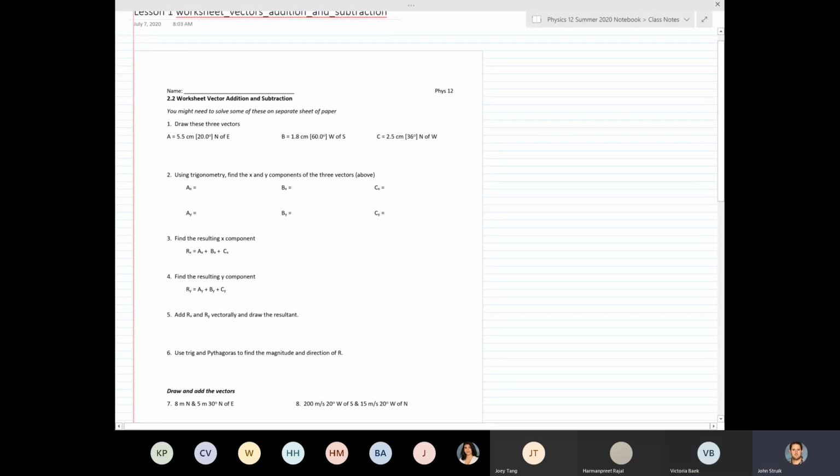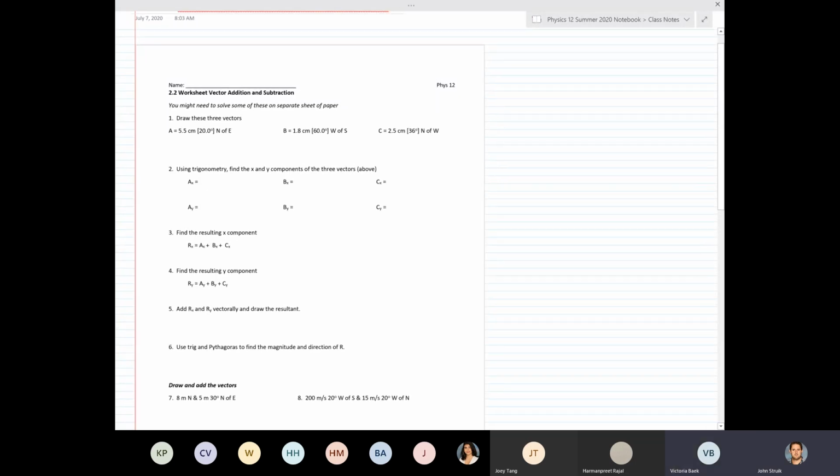Bear with me, this might take a little bit. Okay, so 5.5 cos 20 is your x. So this is 5.17. Sine 20 is 1.88. I should have done this beforehand. 1.8 sine 60 is negative 1.56.